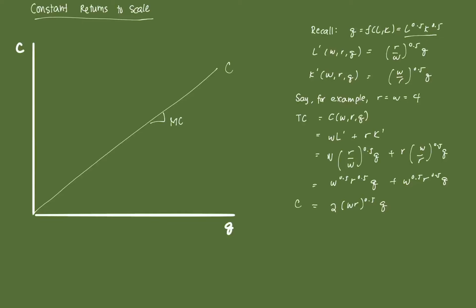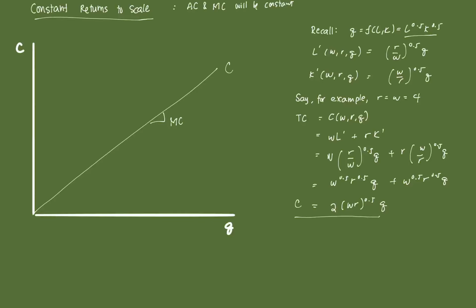And what we'll notice is that when there's constant returns to scale, average cost and marginal cost will be constant. It will be constant because we have a linear cost curve. And we can prove that mathematically. So we have our total cost function here. We can derive the average cost function and the marginal cost function.